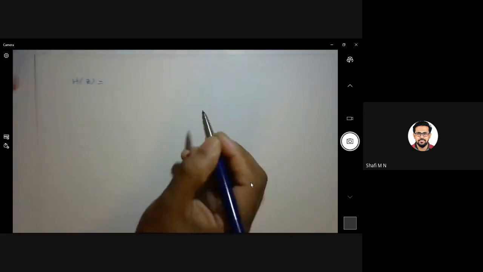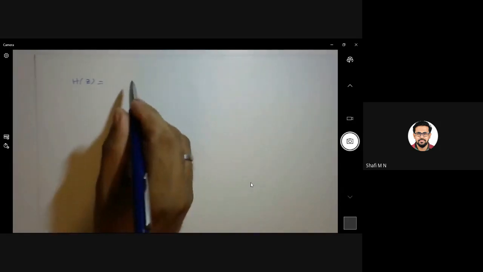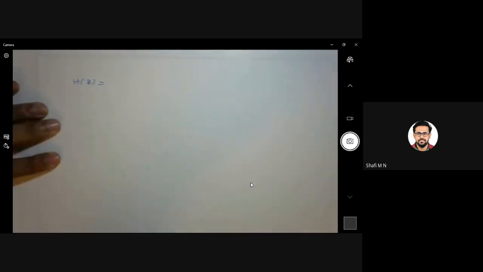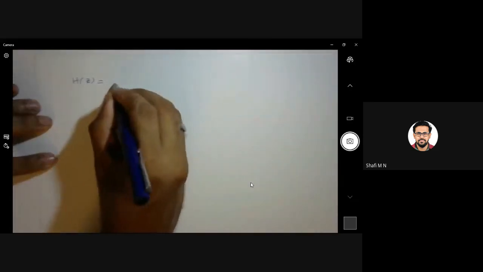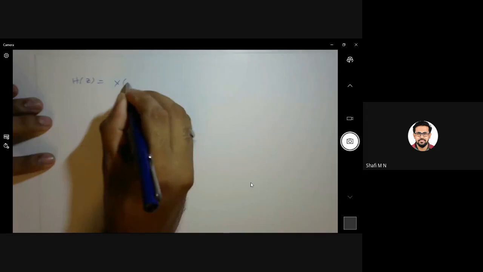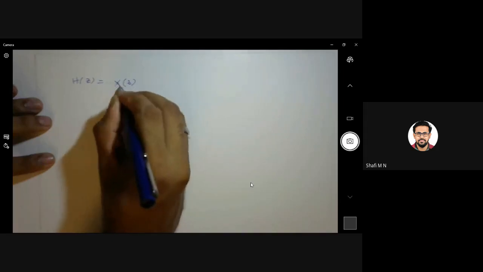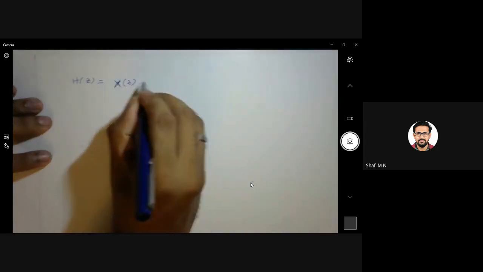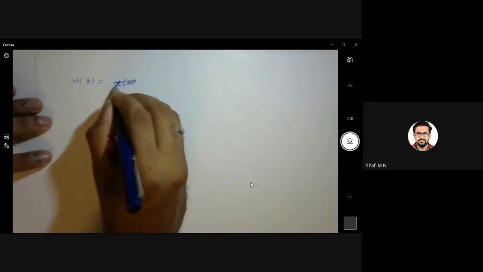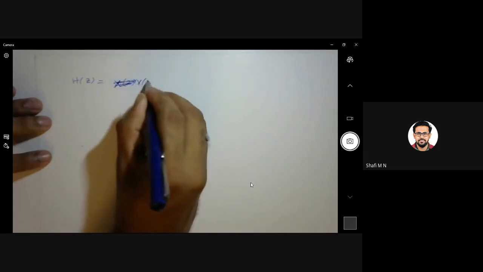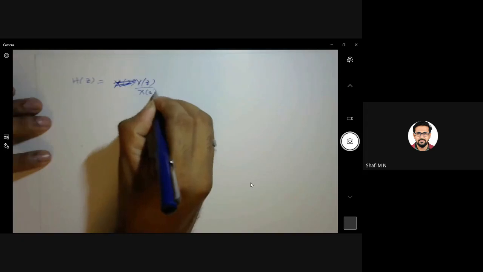We'll directly do this. So you consider a transfer function H of z, where H of z will be something like this: Y of z by X of z, right?